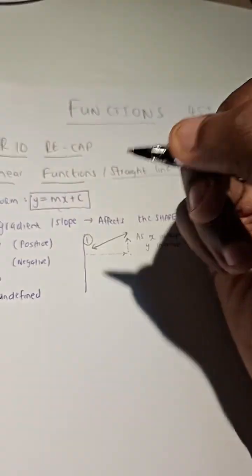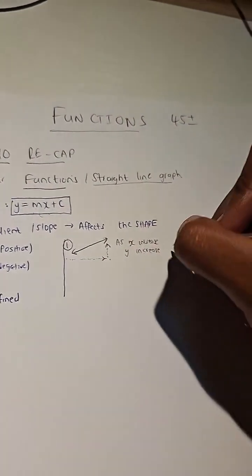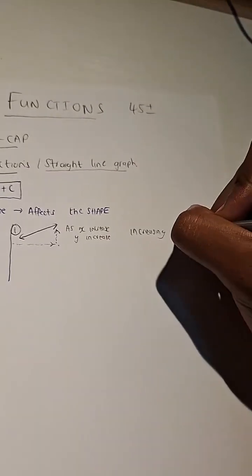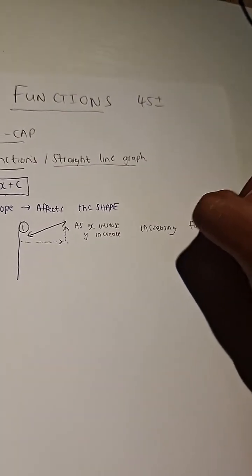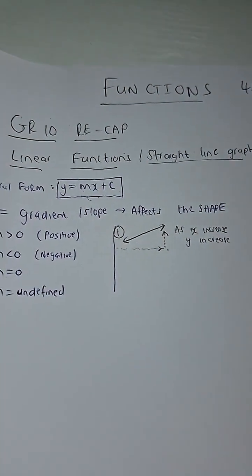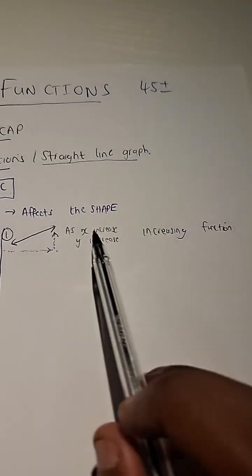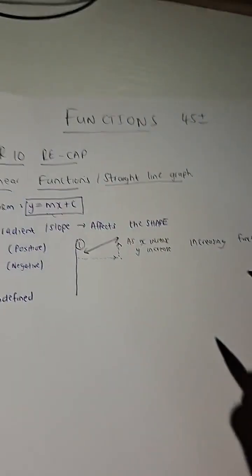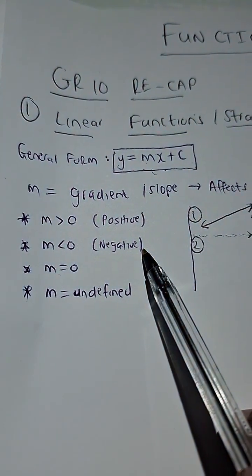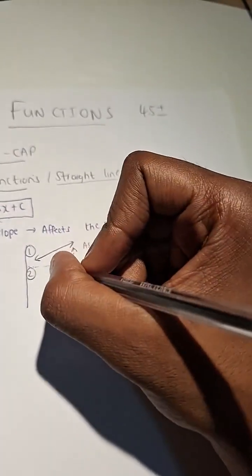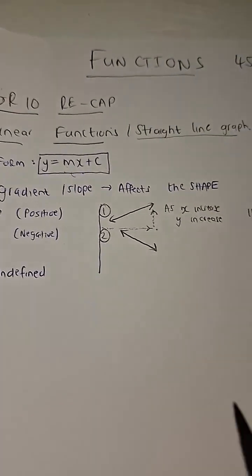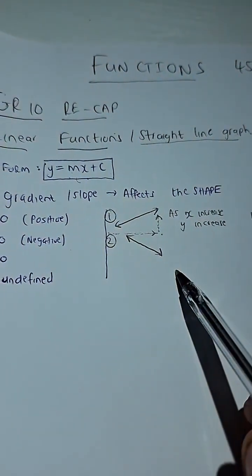Hope you understand that. So we say this is an increasing function. And in actual fact, that means the function increases everywhere. There's no place where this function does not increase. Two, if the gradient is negative, less than 0, then we say that the shape of the function, or the straight line in this case, is decreasing.